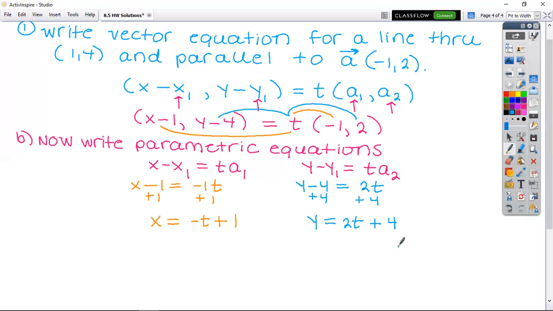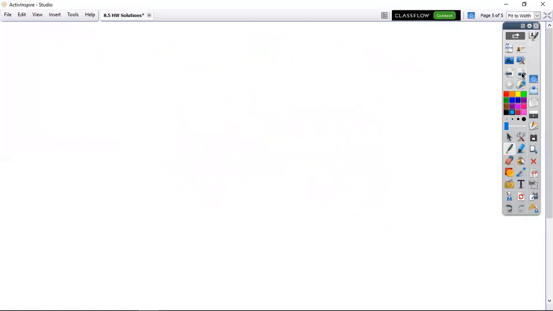All right, let me give you another. It's essentially backwards, but not further. So number 2, your question's just going to say find the parametric equations.